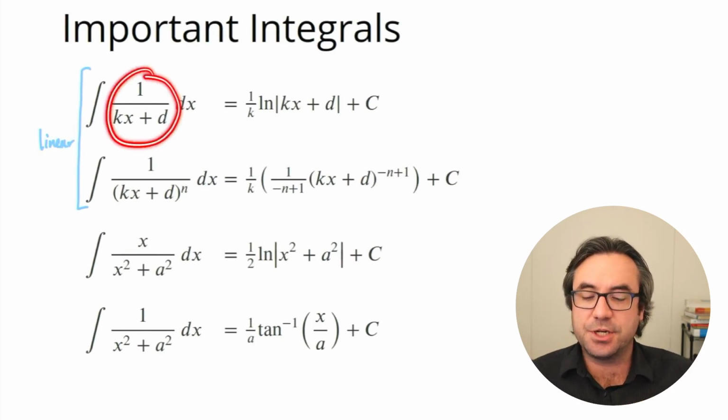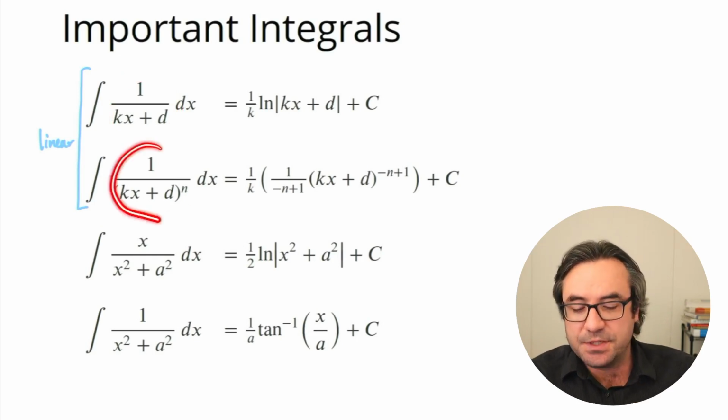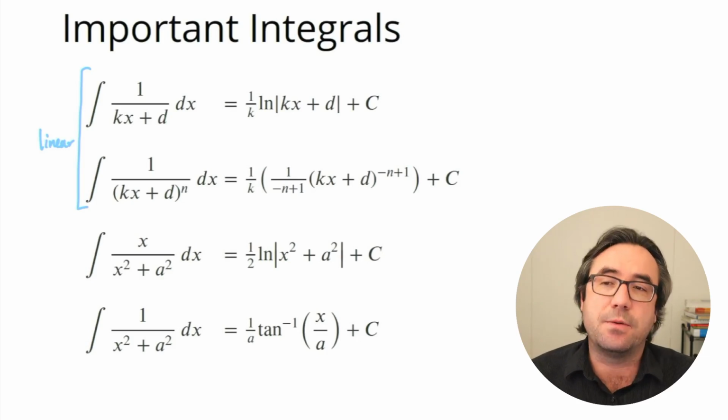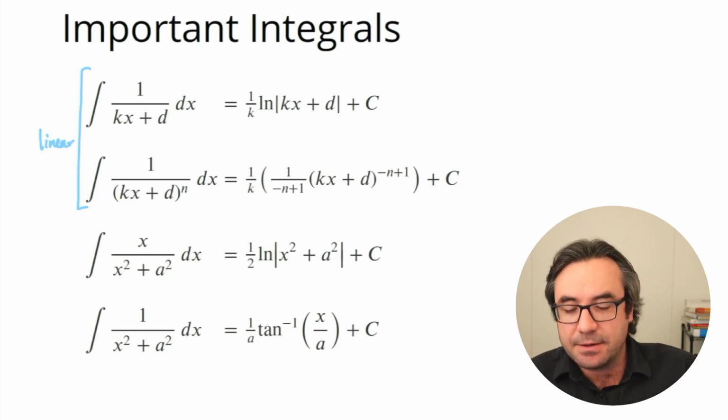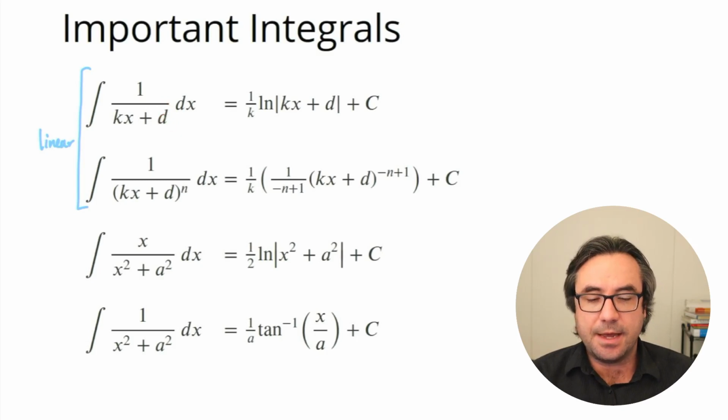The first fraction is when we have a linear term of multiplicity 1, and we would see something like the second if we have a linear term with a multiplicity greater than 1. Here k is just some constant, some number, and d is also a constant. How you could prove each of these two formulas is with a u substitution.